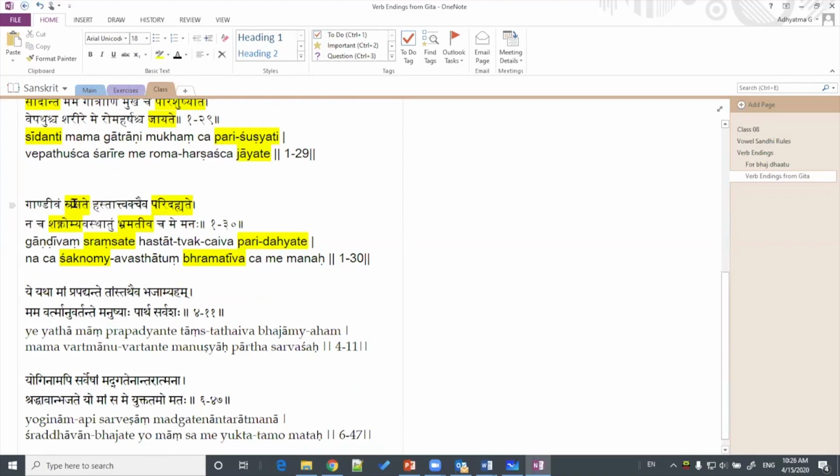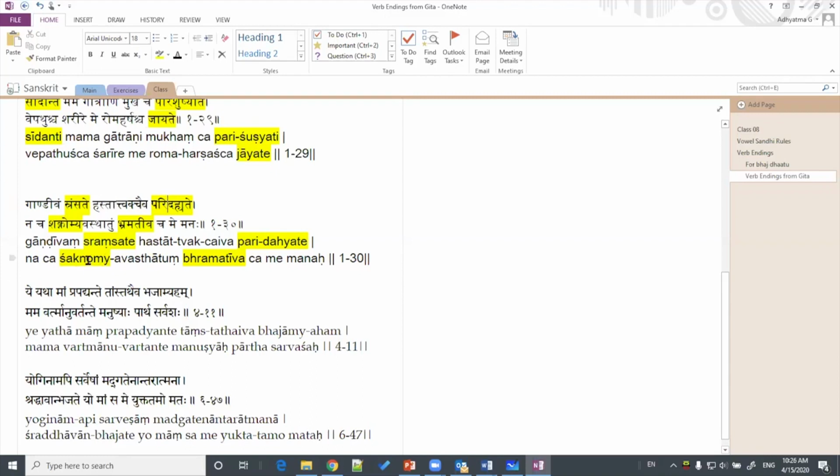Srasate, you see this verb form, srasate, it is the same as bhajate. So third person singular, Atmanepadi. Paridahyate, again Atmanepadi, third person singular. Shaknomi, like bhajāmi.